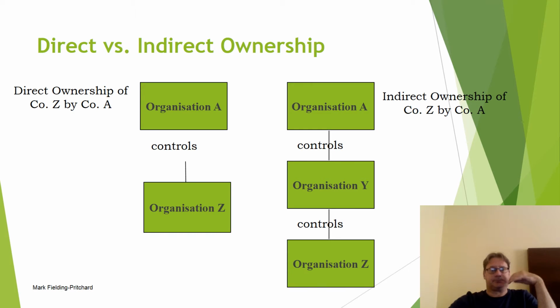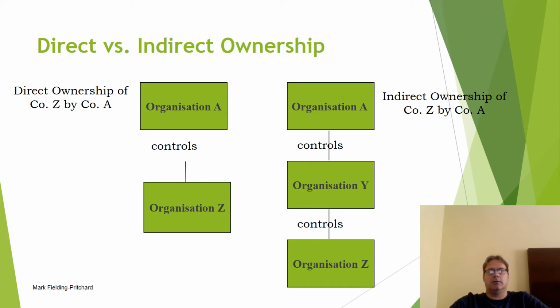organisation Z. Now, in real life, and not only in real life but in paper P2, so if any of you are paper P2 students, you can have this idea of indirect ownership. If organisation A owns 51% of Y, it can control Y. And if Y owns 51% of Z, then Y can control Z. So can you see, therefore, that A effectively controls Z, even though it only owns a shade over 25% of the shares?